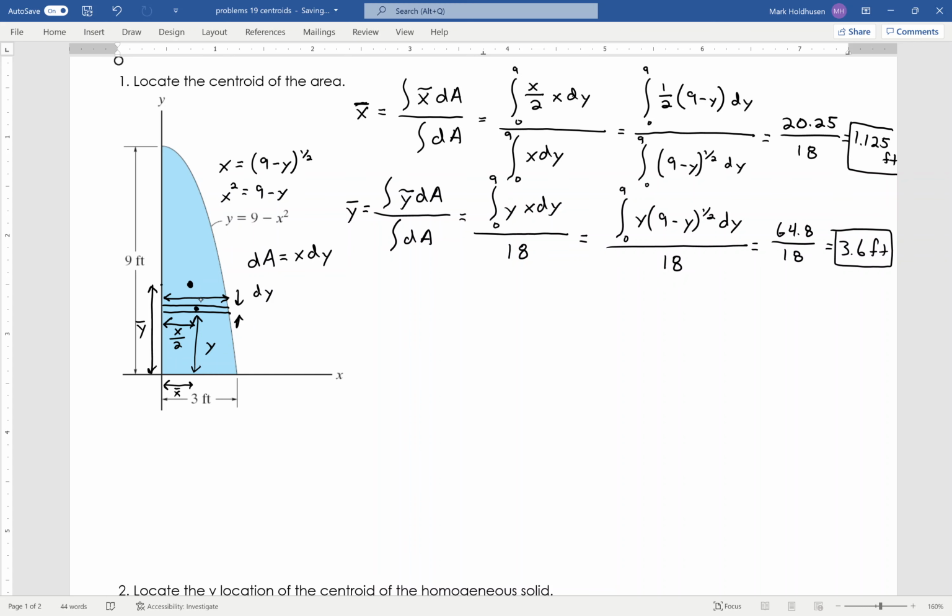It's getting a little messy here, but this is essentially your centroid that we're trying to find. And again, you do that using those equations, using a thin rectangle, writing that in terms of x and y, and integrating that equation and solving appropriately.